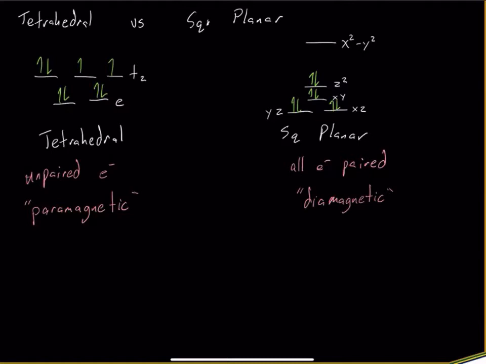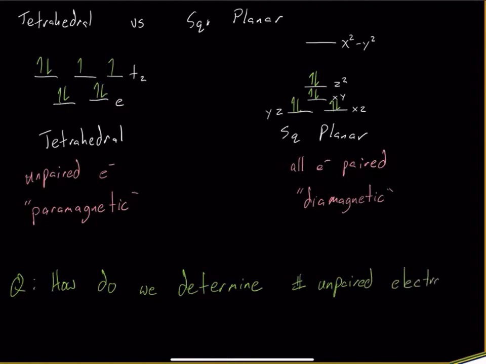So our overarching question here is how do we determine unpaired electrons? In the lab, I should say.